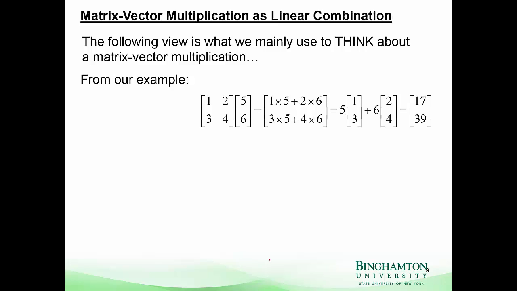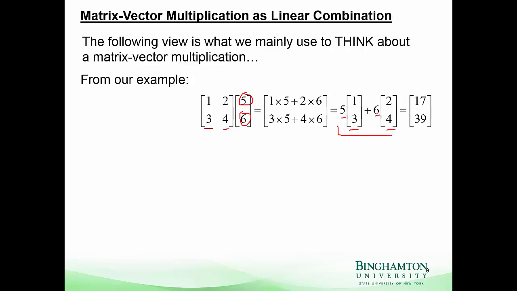So we've already seen this. This is the same example. But now I'm saying we should view this as a linear combination of the columns. So we see that we've got the first column of the matrix sitting right here, and the second column of the matrix sitting right here. And what are we doing? We're taking this 5 here and putting it out in front of that first column, and we're taking the 6 here and putting that out in front.